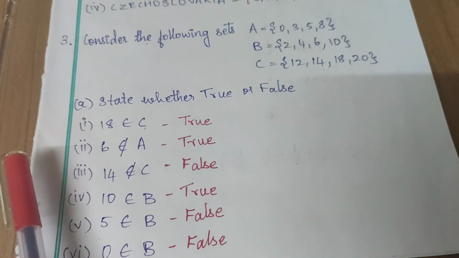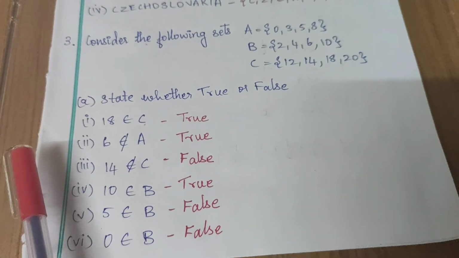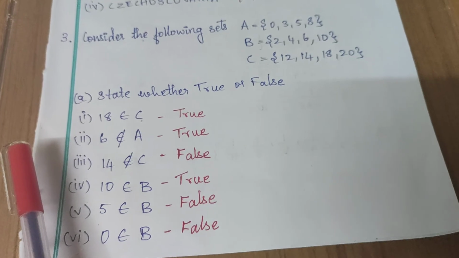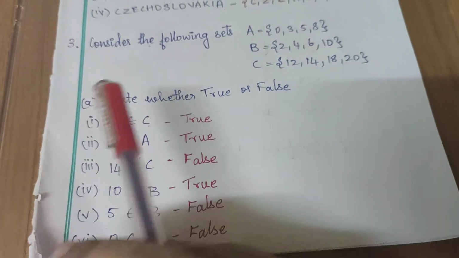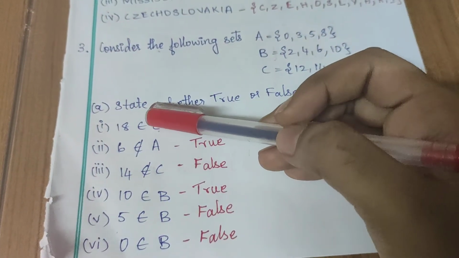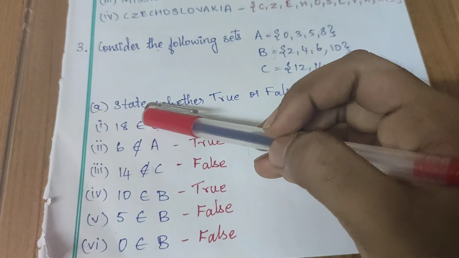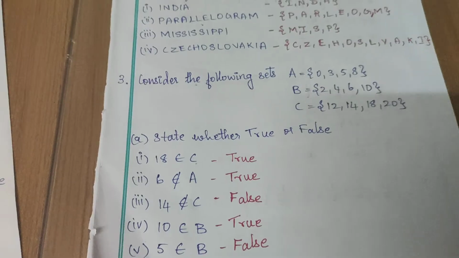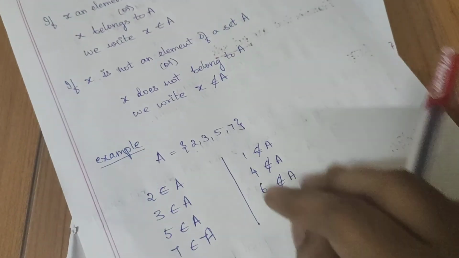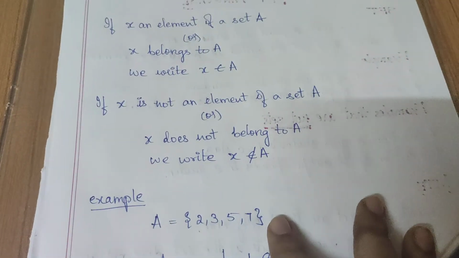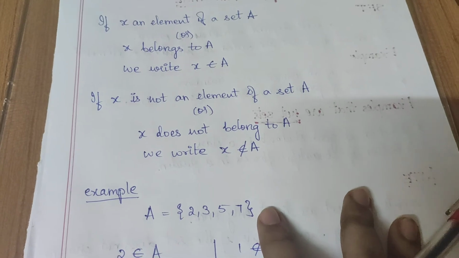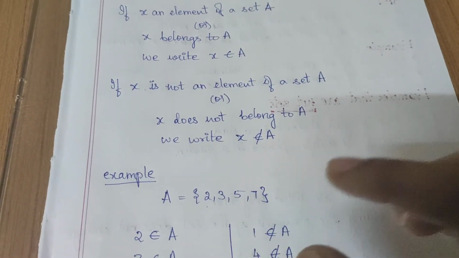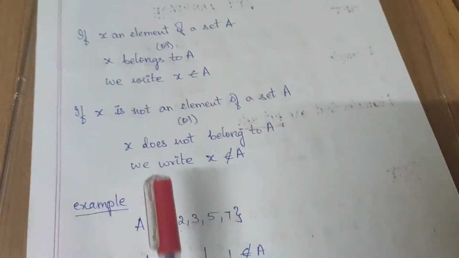Now option A of this question says state whether true or false. So we already saw in the previous video what is the meaning of this symbol. It tells us whether that particular element belongs to that set or not.